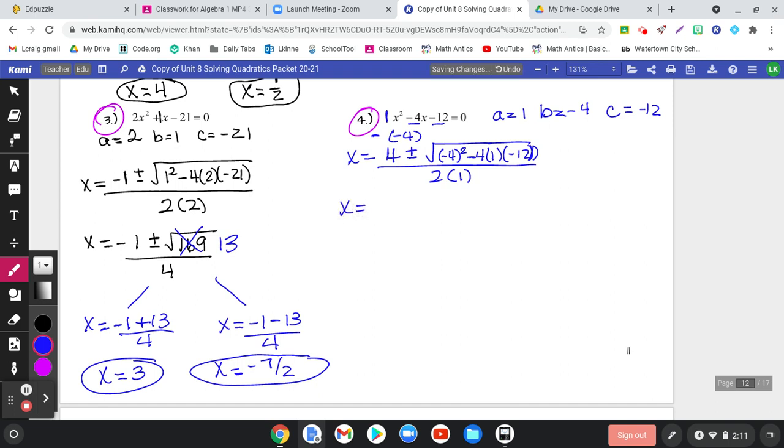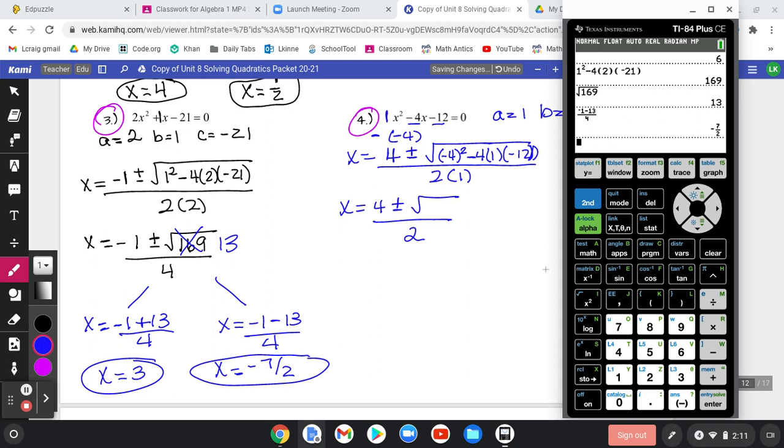Again, if you want, type it in your calculator, see what you got. You don't have to wait for me. You can fast forward to see if you got the right answer. Okay, negative 4 in parentheses, then squared, minus 4 times 1 times negative 12. 64, awesome.